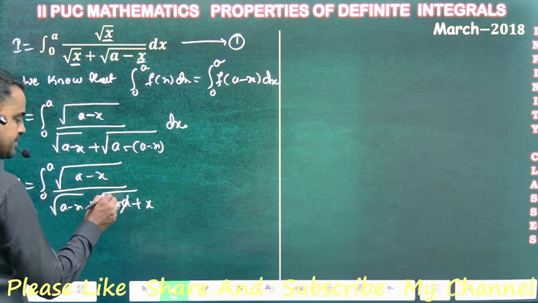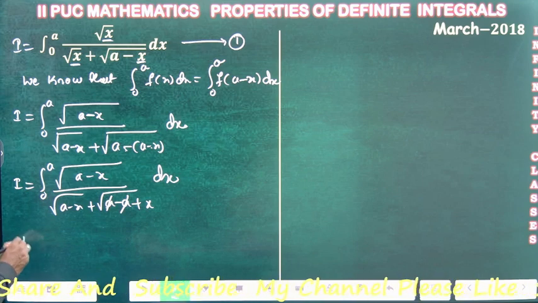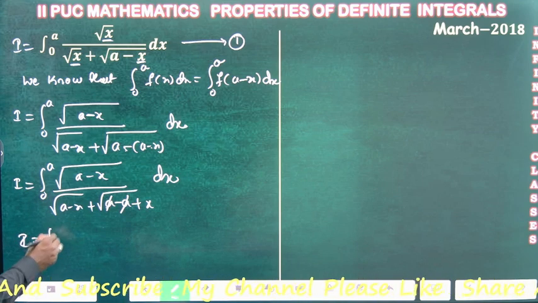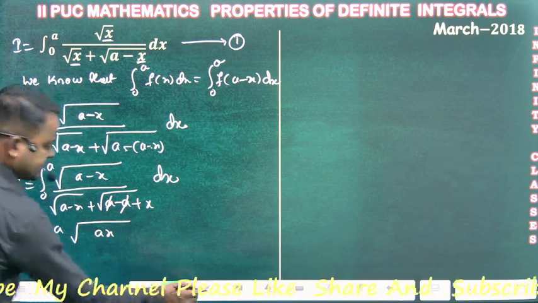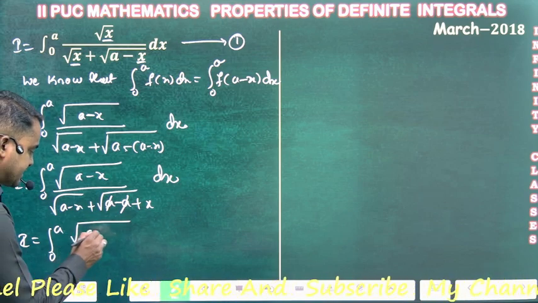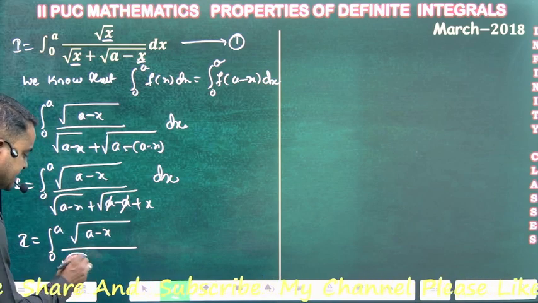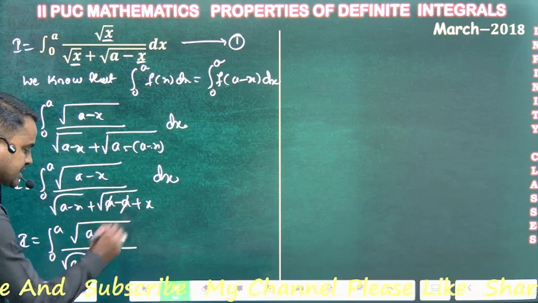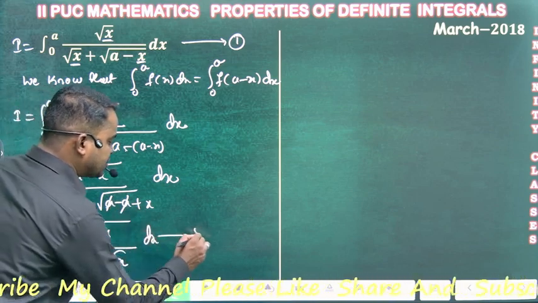This minus a plus a gets cancelled, that is dx. Then I is equal to the integral from 0 to a of root of a minus x divided by root of a minus x plus root x dx, that is equation 2.